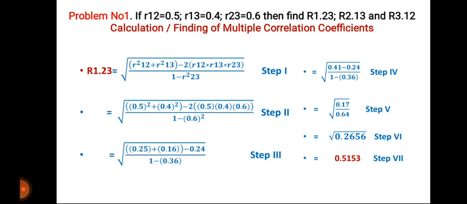The first formula, under root: firstly the multiple correlation coefficient of first with second and third.